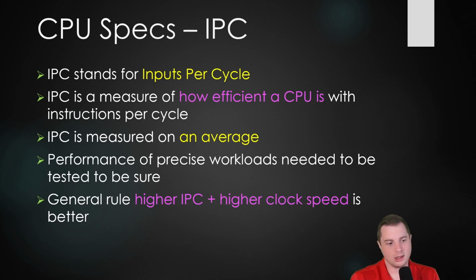Okay. General rule: the higher the IPC, the higher the clock, the better. Where these things start getting complicated is when you have a lower IPC but a higher clock, which is what Intel is doing right now. They're just putting a bunch of power into their silicon.